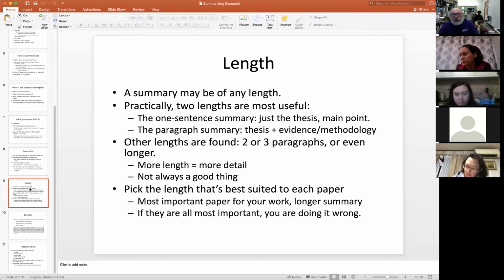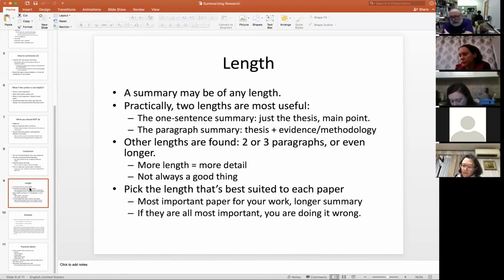Sometimes you're going to find, you know, longer summaries that are 2 or 3 paragraphs. That's fine. More text means more detail, more information. So that's fine. And sometimes you're going to find summaries that are very, very long. Usually it's going to be like, you know, a summary of a book, right?